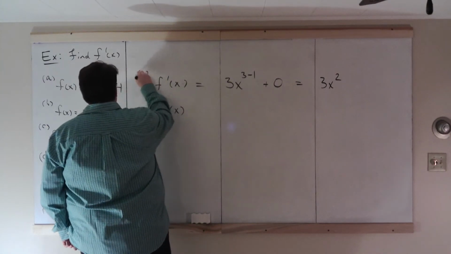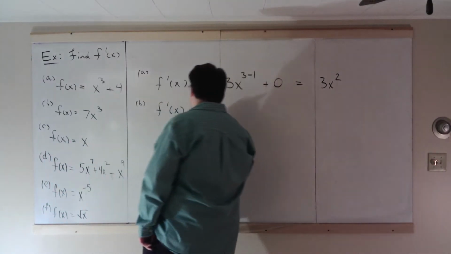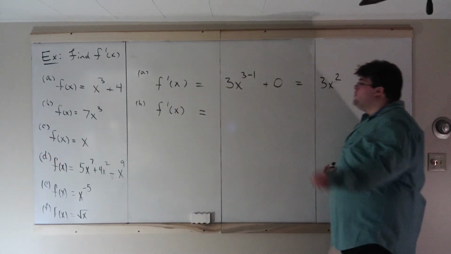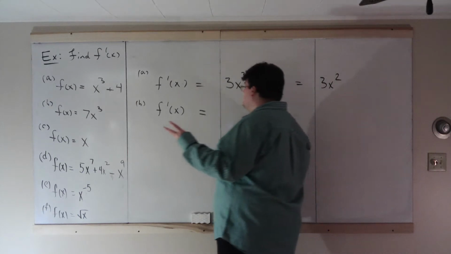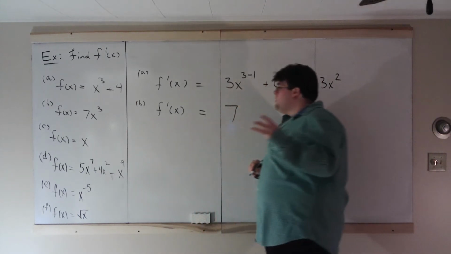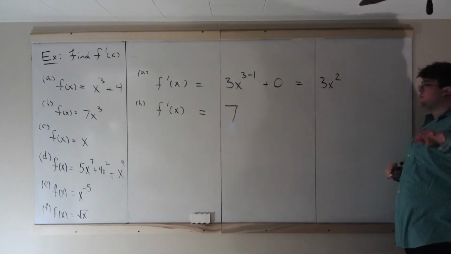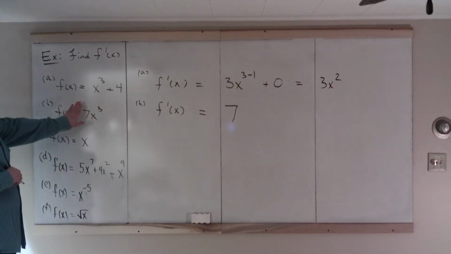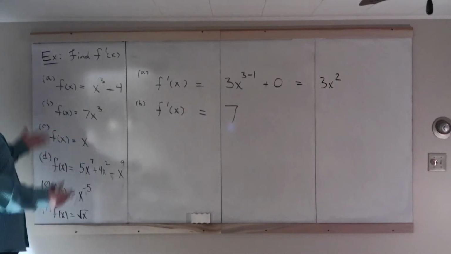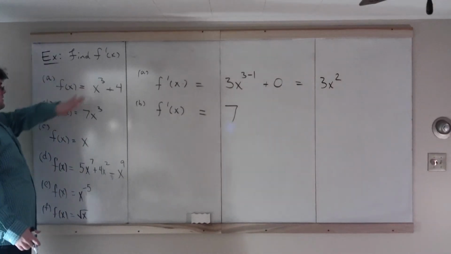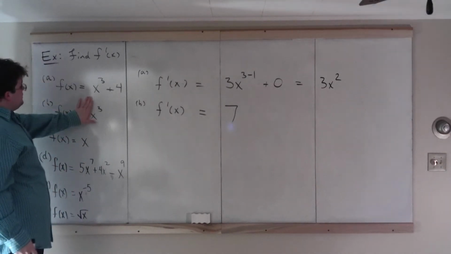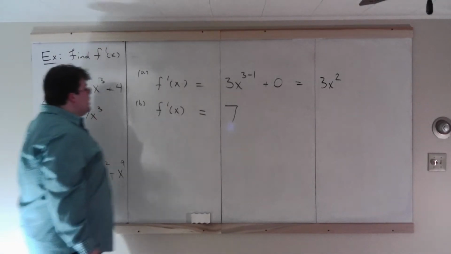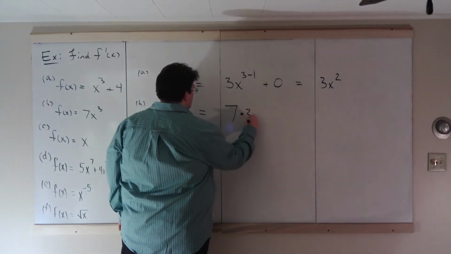So that was part A. Here's part B. Well, what do we have? We have 7 times x cubed. Rule 3 tells us that we can pull that constant out and deal with x cubed. So when I use that rule, I like to just write the 7 out and pretend it doesn't exist anymore. So if I wrote the 7, now I have to deal with x cubed. Well, we know how to deal with x cubed.